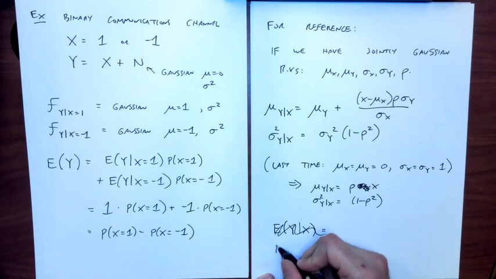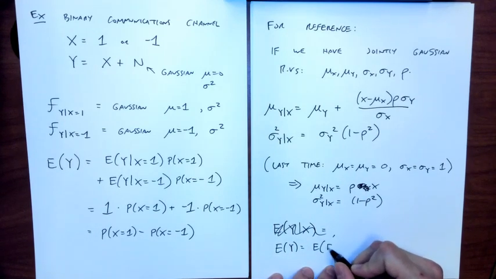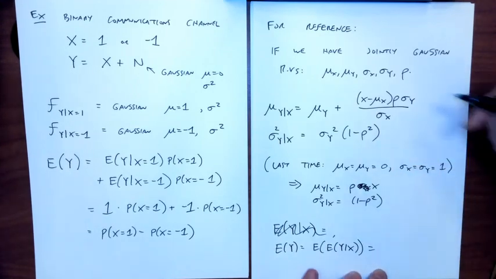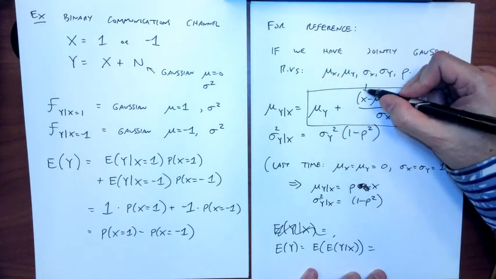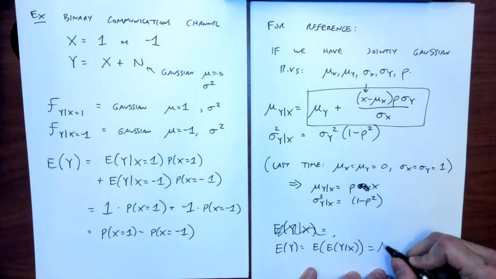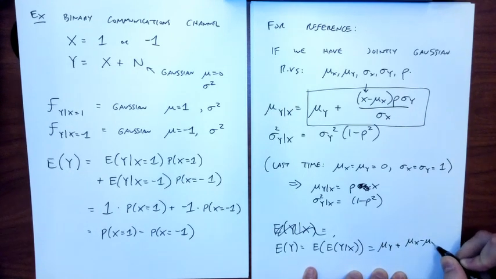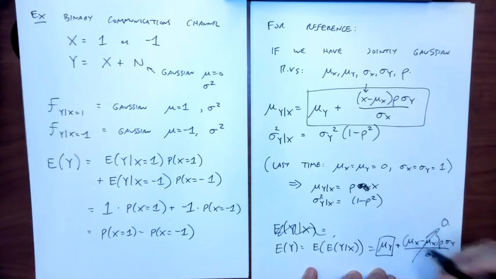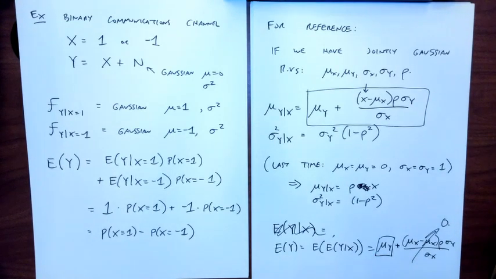If I want to look at the expected value of y, it's the expected value of y given x. The only random variable here is x, right? When I take the expected value of that, I get mu y plus the expected value, which is mu x minus mu x, times this complicated junk. Doesn't matter because all this stuff goes to 0, right? And I just get mu y again, as I know I have to, right?